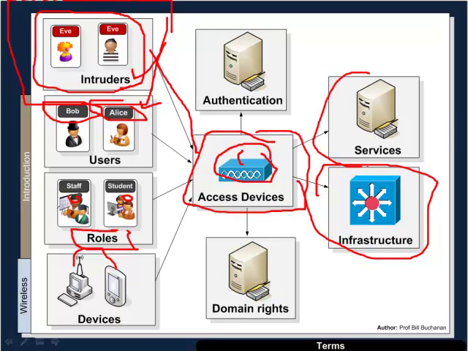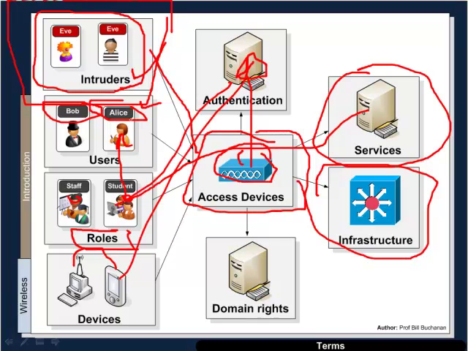We also have a range of services which are typically provided on a role-based basis. We can have an authentication infrastructure which we use to authenticate devices, roles, users, and so on. And we can also have domain rights to define what users and roles are allowed to do on a system.